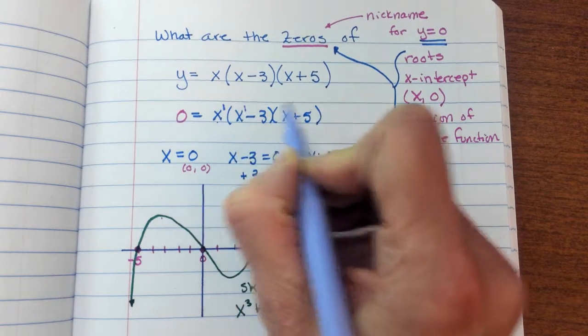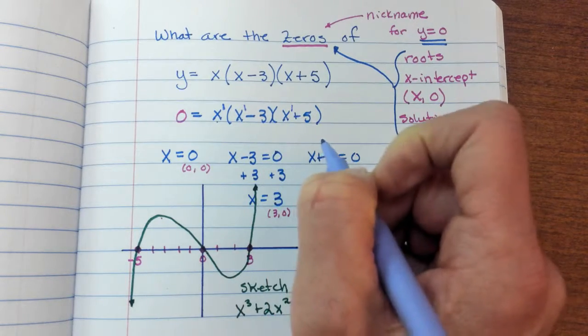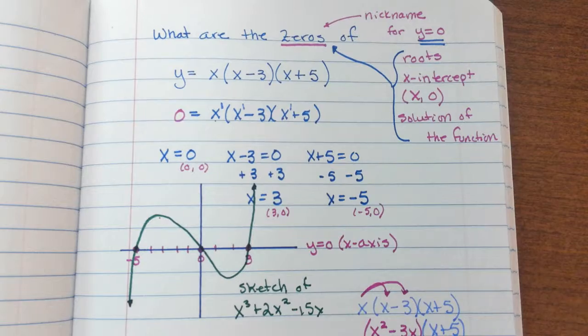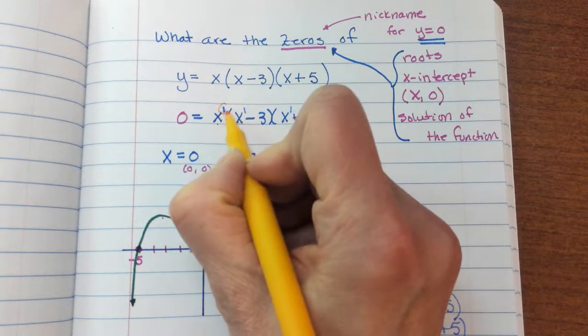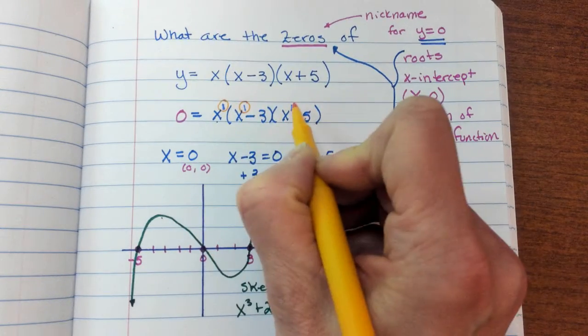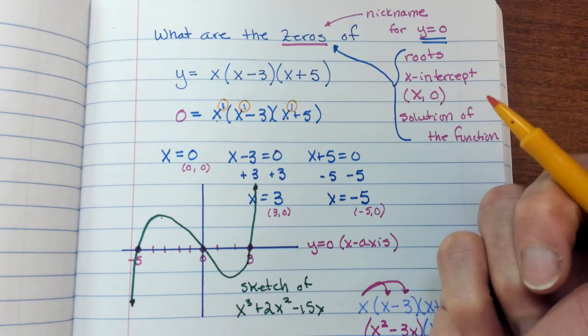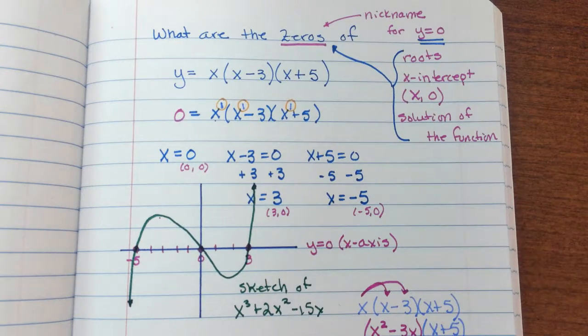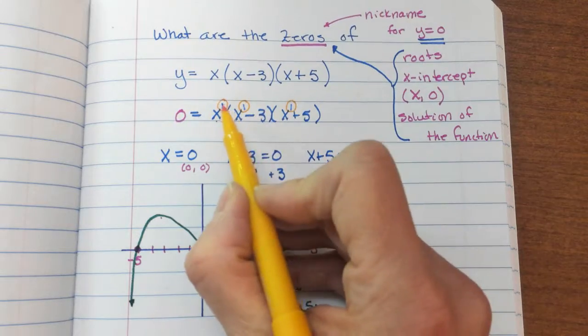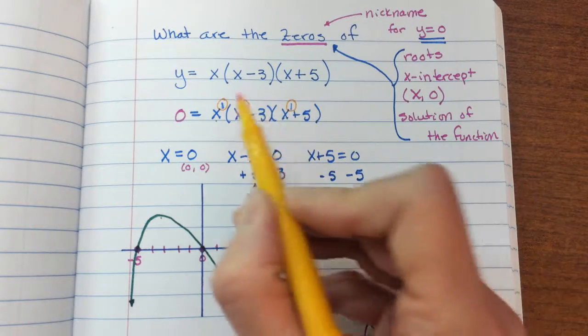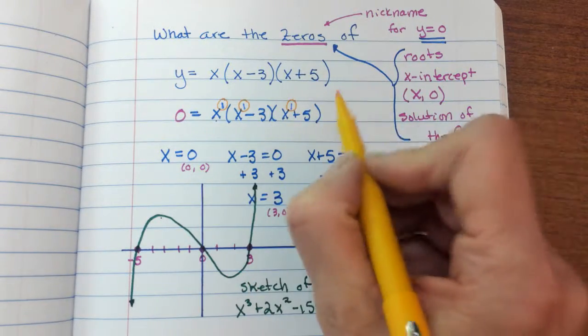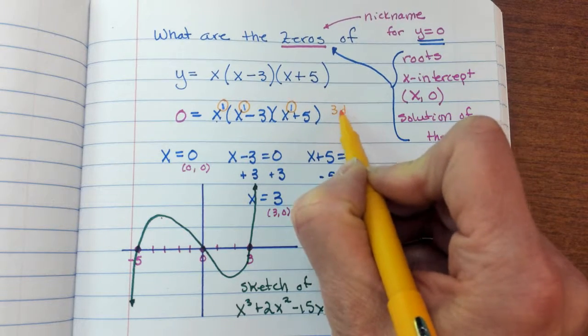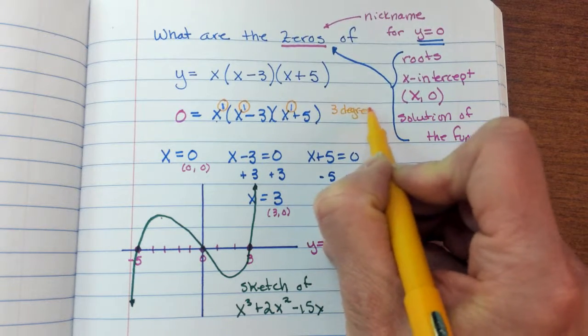This x is a degree 1, and this x is a degree 1. So all I have to do is add up the exponents, and that tells me what degree function this is. So 1 plus 1 plus 1 is 3. From here, I can simply get that this is a 3rd degree polynomial.